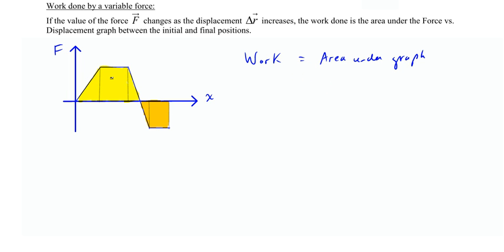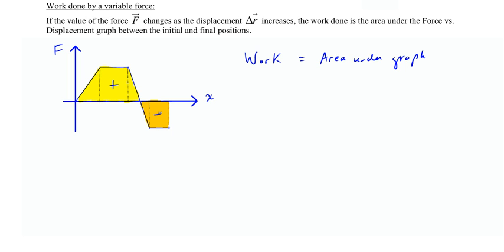Now, just like you learned when we dealt with velocity versus time graphs, and you took the area under those graphs, you got displacement. When the area was above the horizontal axis, that was positive. However, when the area was below the horizontal axis, this would be negative area. So do follow the same rules that we learned before.